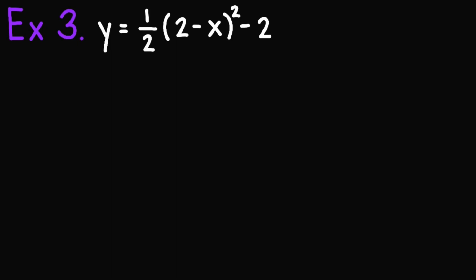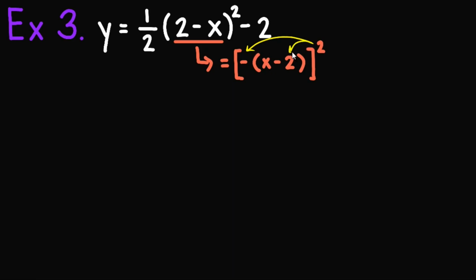We start again by the square of a binomial out here. But take note first that this might seem like it's not in the vertex form, which it really isn't. But take note that 2 minus x out here can be written as negative times x minus 2. So if we take the square, what happens is by law of exponent, so we distribute the 2 out here and out here.